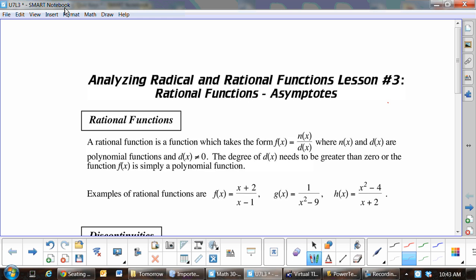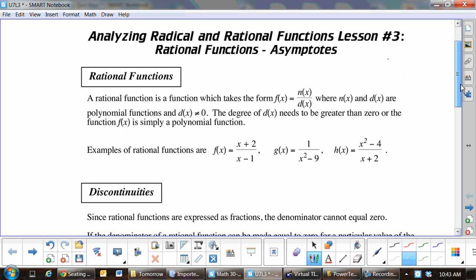Now, rational functions, we have to watch when there's an x in the bottom, okay? By definition, it cannot be a rational function unless there is an x in the bottom. So rational says there's an x in the bottom, not a 5. I know we think rational, that's a fraction.